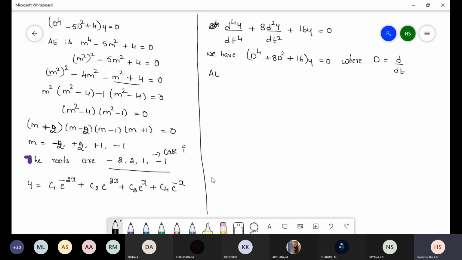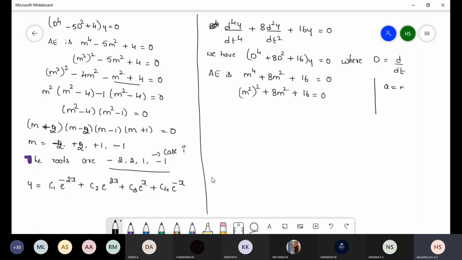Next, auxiliary equation is replacing d by m. So m power 4 plus 8m square plus 16 is equal to 0. Again this m power 4 I write m square whole square plus 8m square plus 16 is equal to 0.